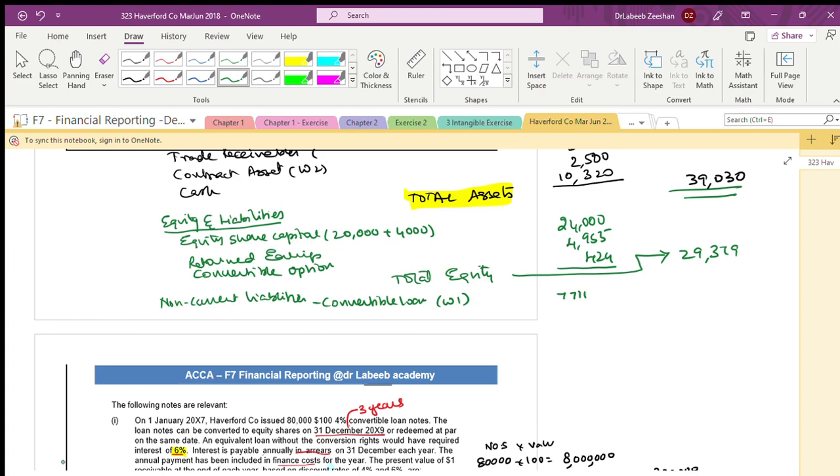Next, what we have to do? You have current liabilities. How much are the current liabilities?